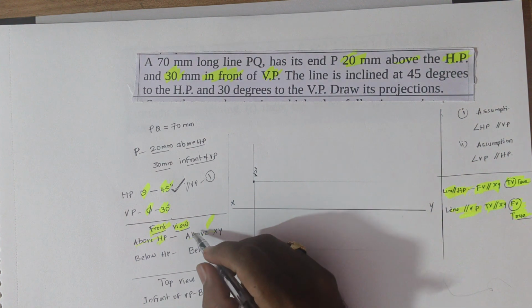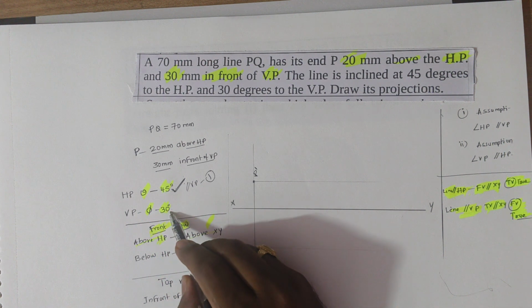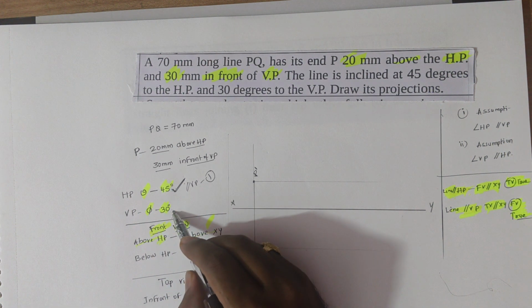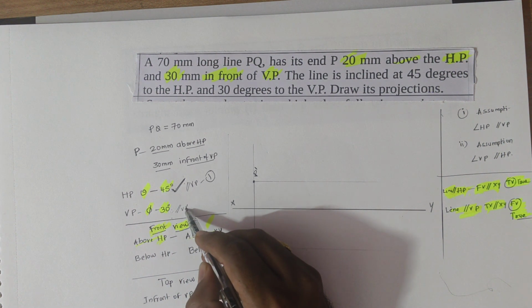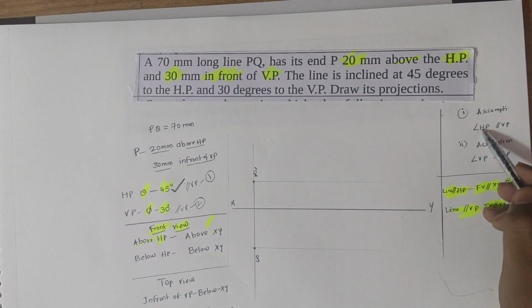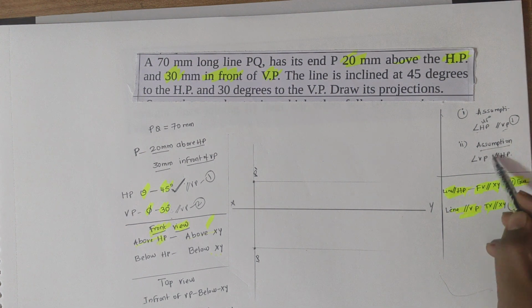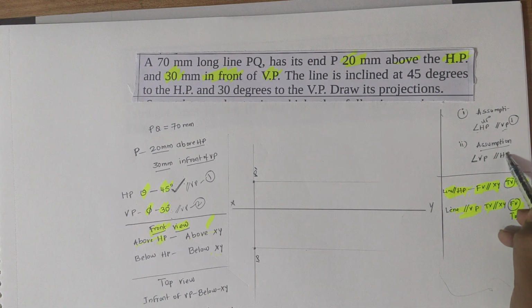For the second assumption, I assume the line is inclined to VP at 30 degrees but parallel to the HP.